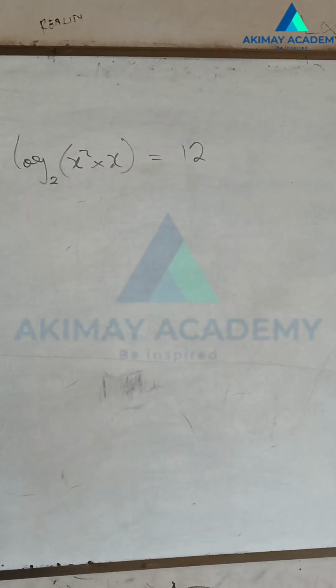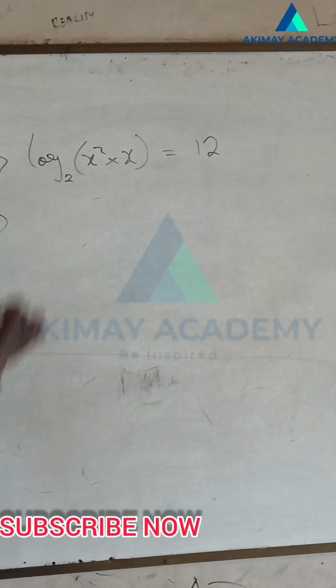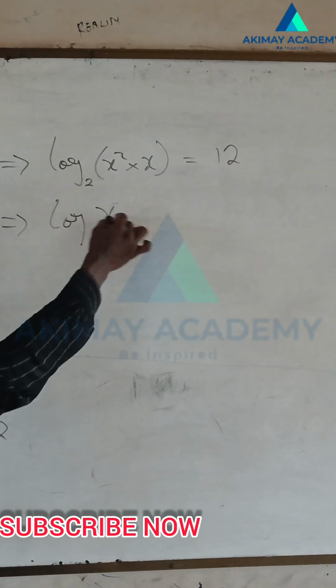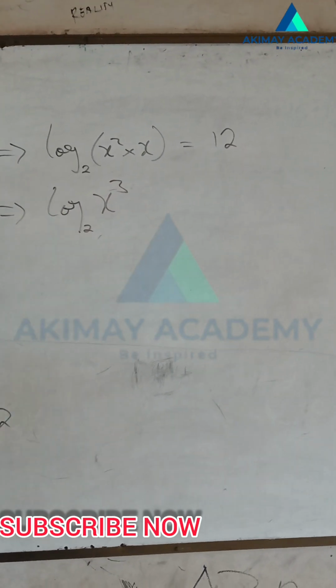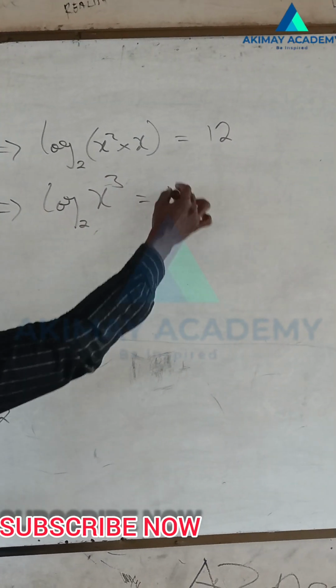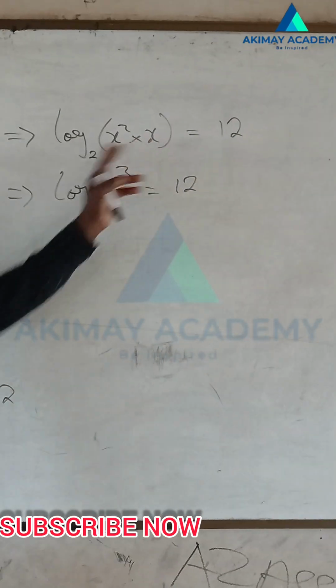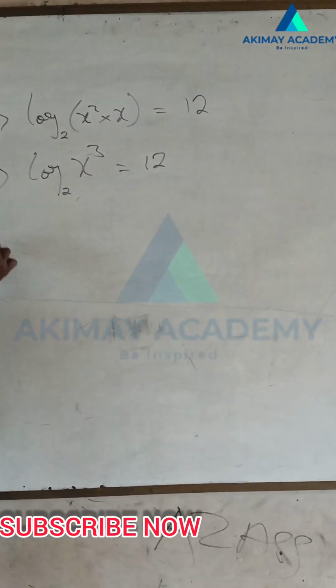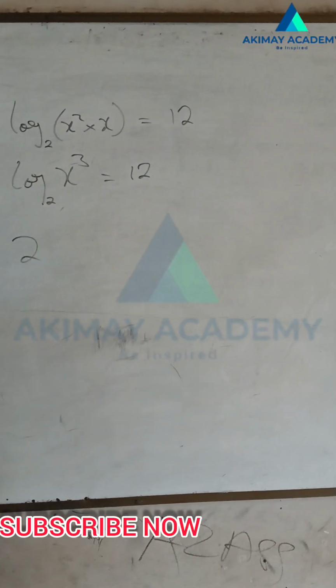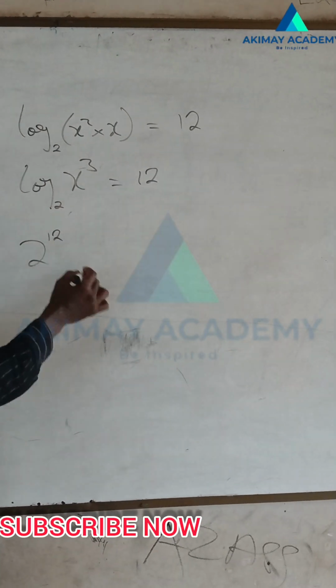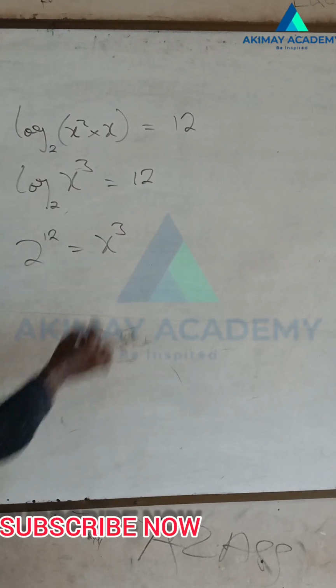So here we have to the base 2 over here. Okay, so when we do the multiplication, we are going to have log x cubed to the base 2 equals 12. So at this point, we convert everything over here to indices. So we have a base of 2, the base is 2 over here, exponent of 12 equals x cubed.